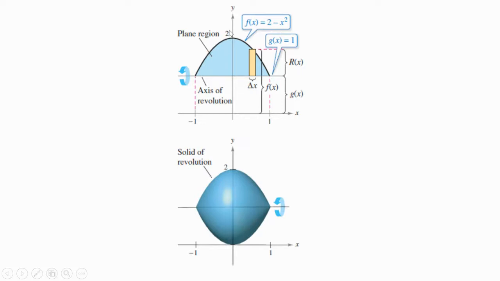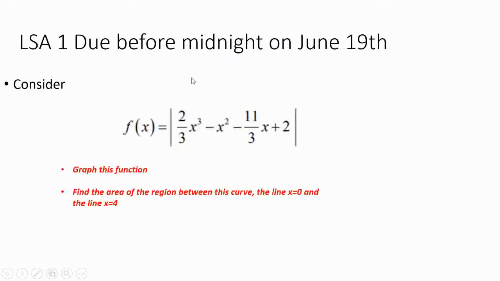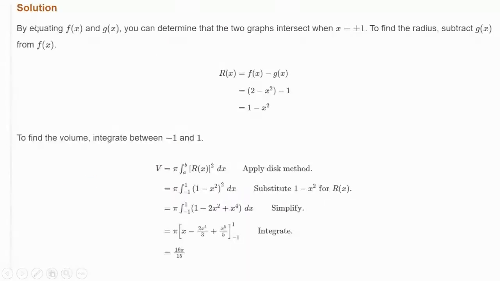So the black picture is f of x equal 2 minus x squared. The g of x picture that is just here is y equal 1. And so that's what we're doing. So we need to know, when do these intersect? So I need to know this point and this point to know the bounds of the integration. So let's talk about that.